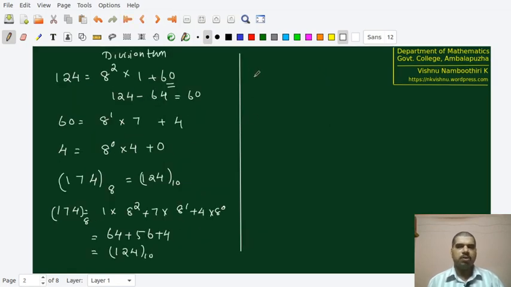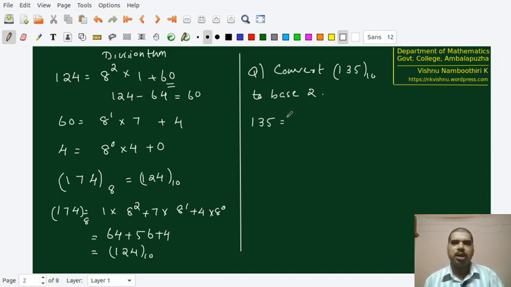Now we will see one more example to familiarize ourselves with base b representation. So the question is the following: convert 135 in base 10 to base 2. We will follow exactly the same procedure. So 135 equal to, what is the maximum power of 2 that can be accommodated here?